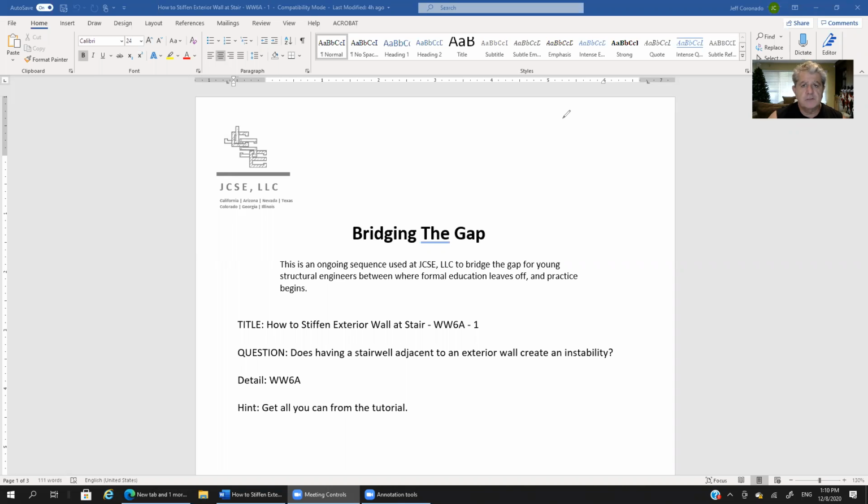If you're towards the end of your education and looking for a head start on becoming a structural engineer, as we all know, there are far fewer slots in structural engineering employment than there are graduates. So any head start that makes you better equipped and better prepared to jump into industry is to your advantage.